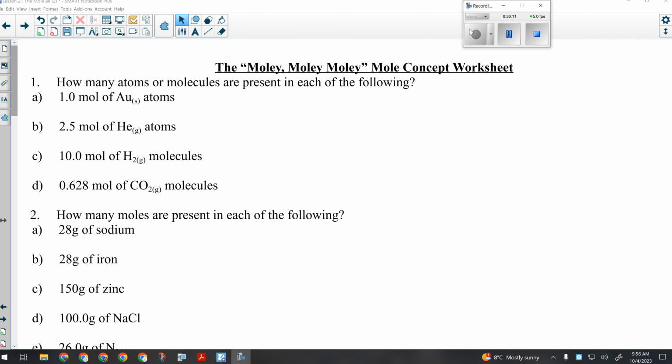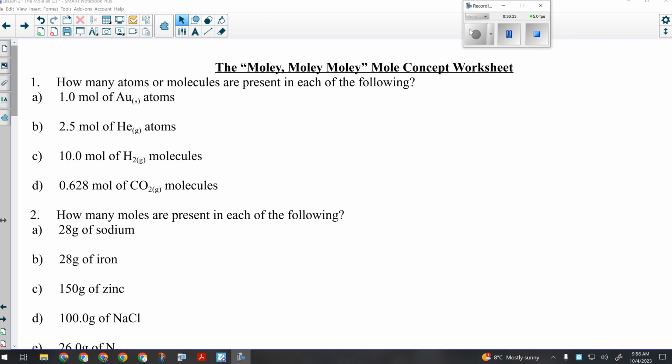Okay. So 2.5 moles of helium atoms. So I go 2.5 times 6.02 times 10 to the 23. Is it the same for all of them? Yeah. Okay. 10 moles of hydrogen molecules. 10 times 6.02 times 10 to the 23, which would be 6.02 times 10 to the 24. Ten times bigger, right?